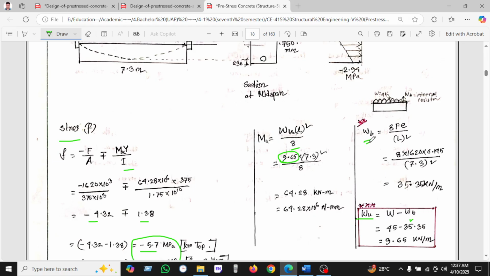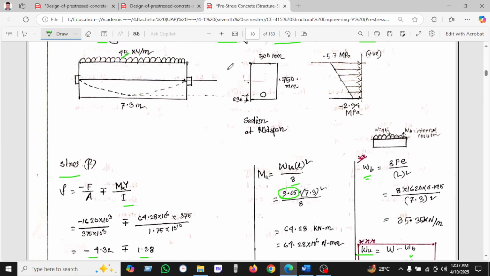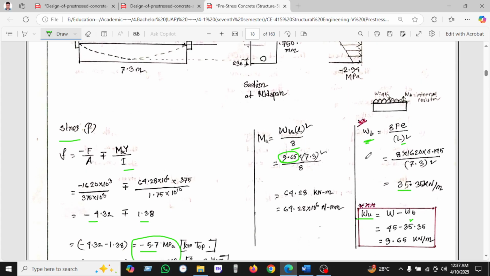So how do we calculate the w balancing? This is the diagram we have been seeing. This is the 45, and w is the internal resistance. So we find 8 Fe divided by L square, and in this way we find 35 kN per meter. This is the w balancing.